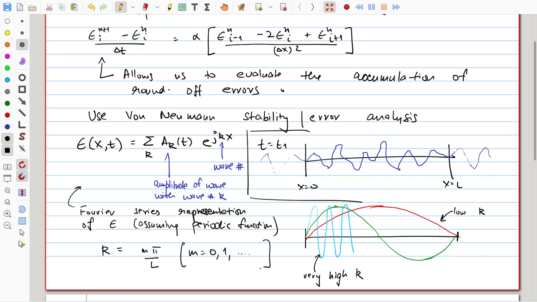Now, since we are talking about a discretized domain, let's say you discretize the domain to have a total of capital N number of intervals. What will be the largest value of m possible there? Because we are talking about a discretized domain here, the wave could only pass through the nodal points.